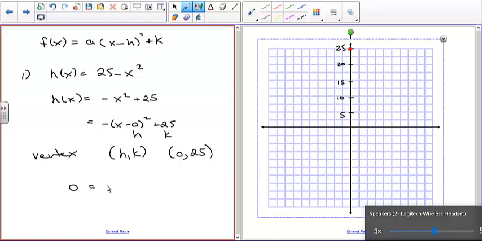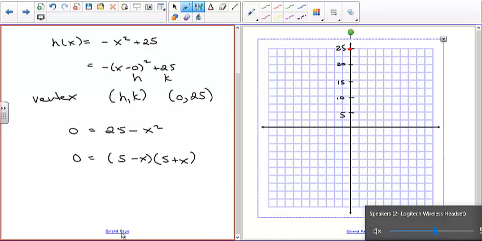So we set the function equal to 0, and then we figure out the values of x where this function equals 0. So it's just a matter of factoring. So you'd have 5 minus x and 5 plus x. It's a little bit different than the normal way we're thinking about it, because I've got this number first and the x squared second.